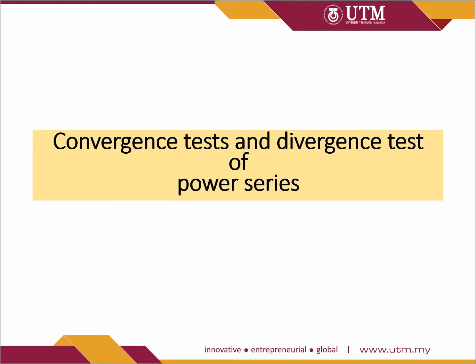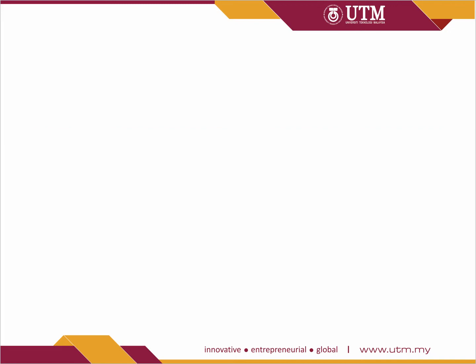In this video, you are going to learn about convergence test of power series. Given we have an infinite series, where an infinite series is in this form, a_r, where r starts from 1 up to infinity.